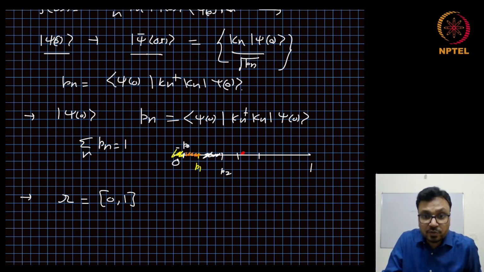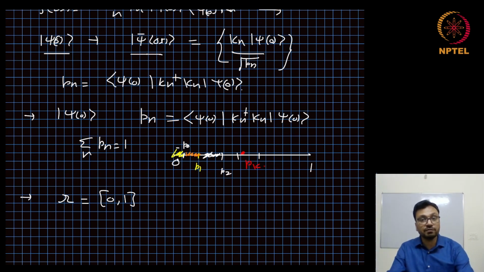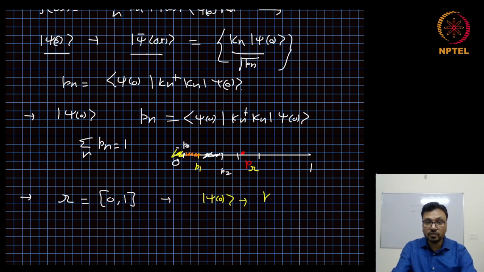Let us say this corresponds to the segment P of R. That means in this trial, we got the outcome R. So our state psi of 0 went to K of R acting on psi of 0, divided by the square root of P of R.